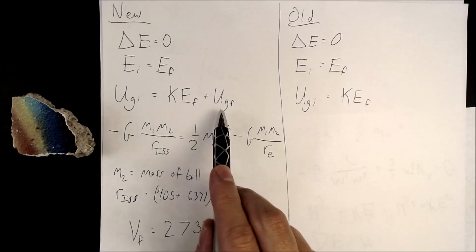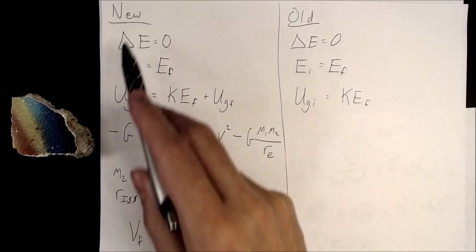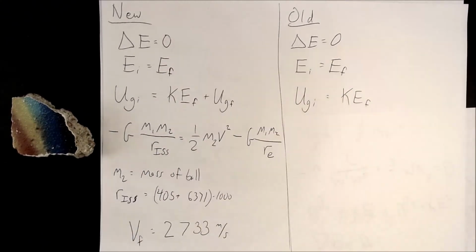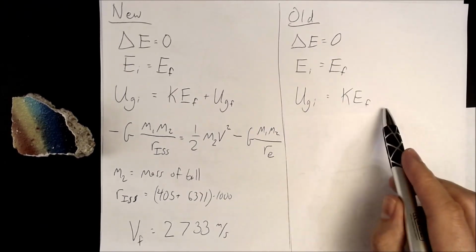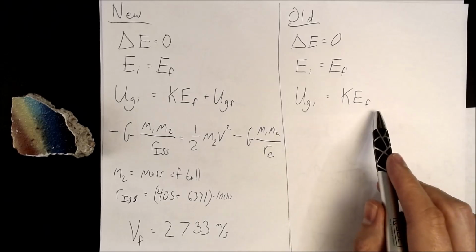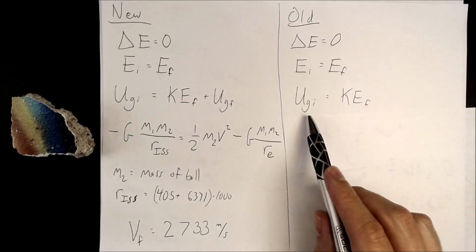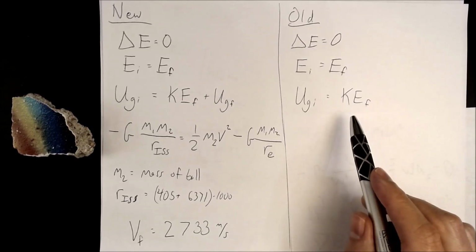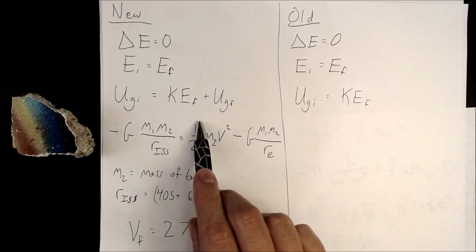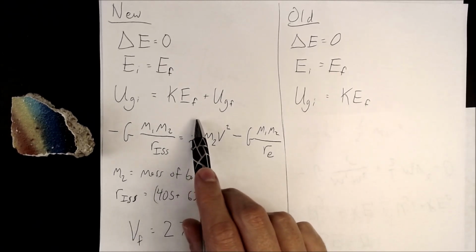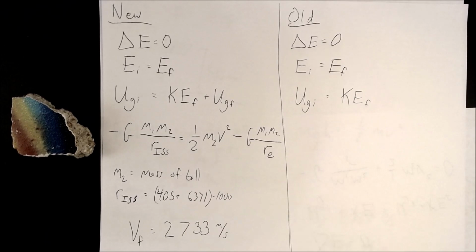Keep that in mind. When you do problems like this, you always have to include gravitational potential energy unless something is going to infinity, if you are dealing with things far off the surface of the Earth. However, in the old way of doing things, we just use mgh, and we can set h equal to 0 to be wherever we want. Here we're constrained that we have to have 0 energy at infinity.